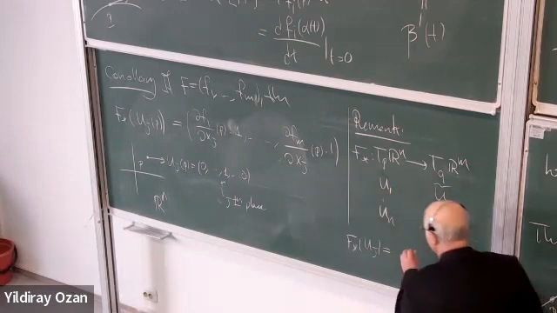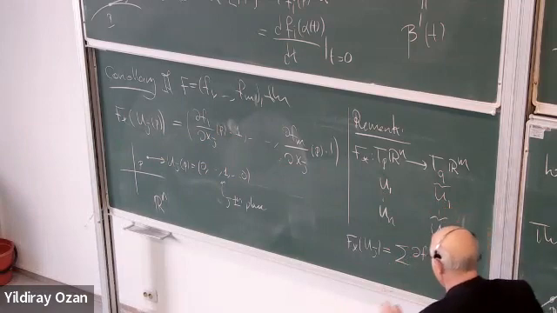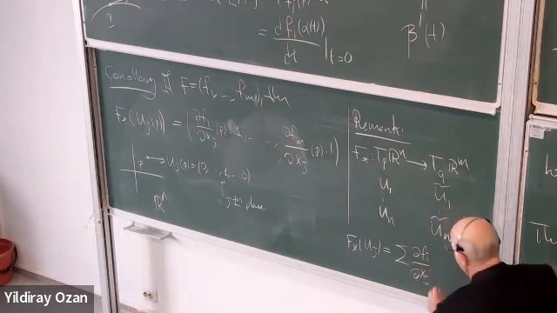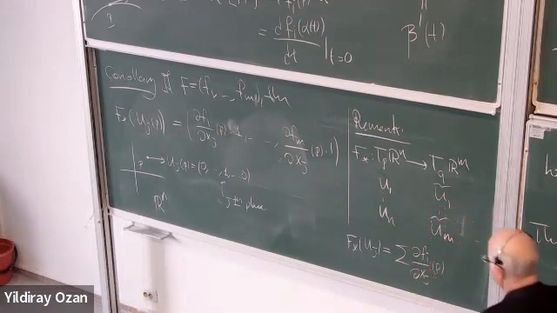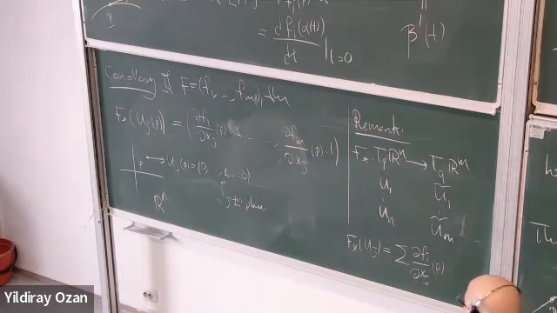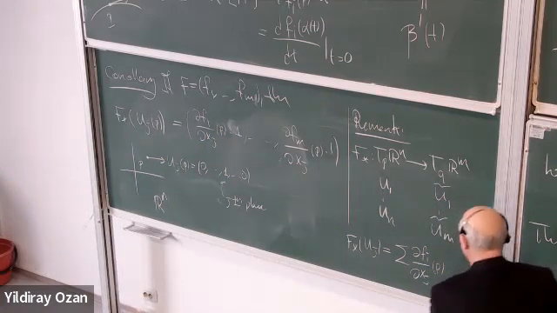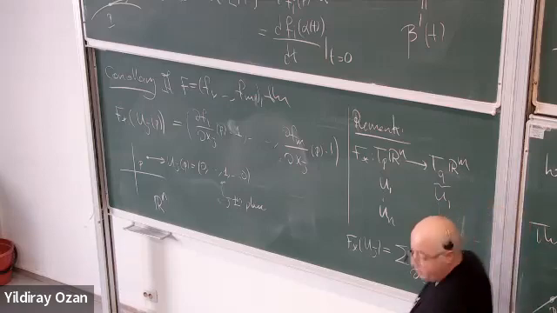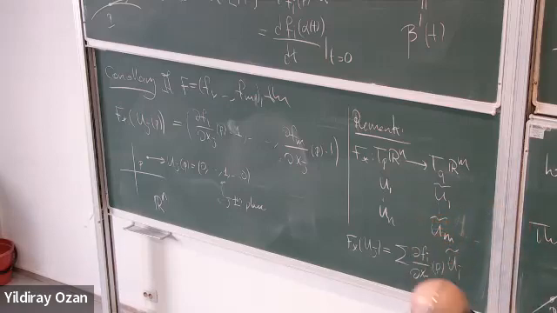This is nothing but del F i del XJ at the point P times UI tilde. Because you see, I can write it this way.